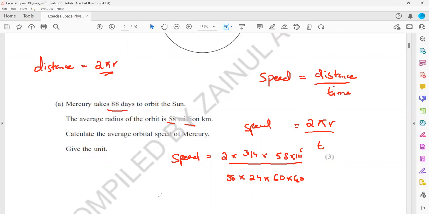So when we simplify, what's the final answer for the speed of Mercury? The unit will be kilometer per second, because the distance we took in kilometers and time we took in seconds. So how many kilometers does it cover every second?